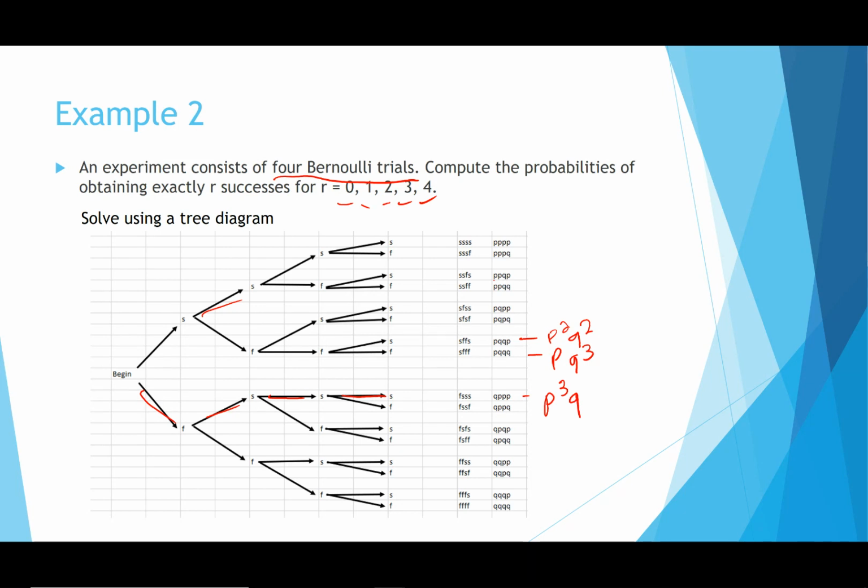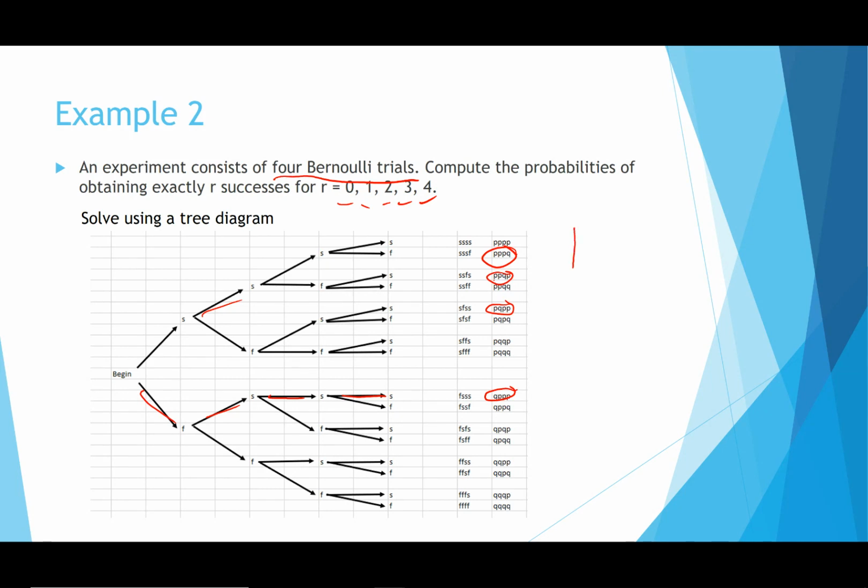So what we'll do is you can write all those out, and then you'll total it up, because there are multiple ones that have 3 P's and 1 Q. There are multiple ones that have 2 P's and 2 Q's. For example, if I circle all the ones that have 3 P's and 1 Q, let's see if I can find them all. 3 P's, 1 Q. I believe it's just those, right?